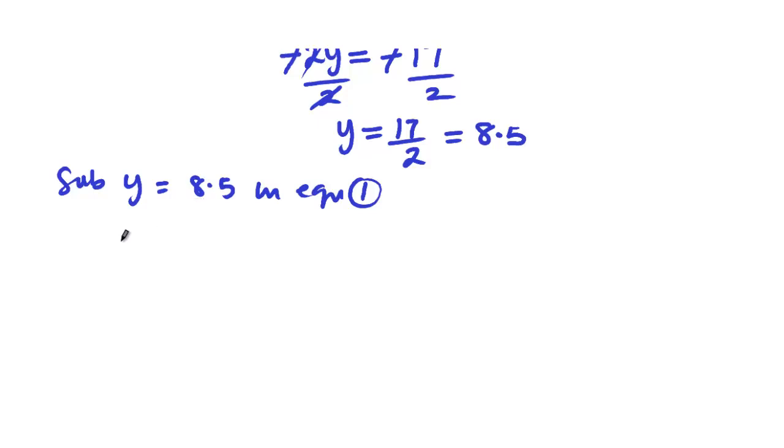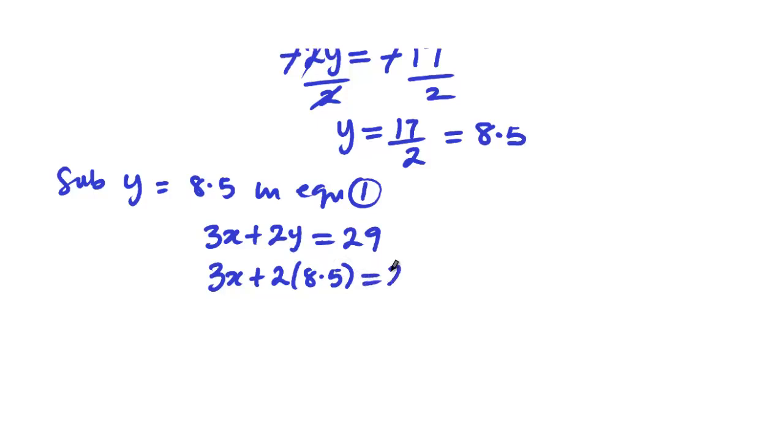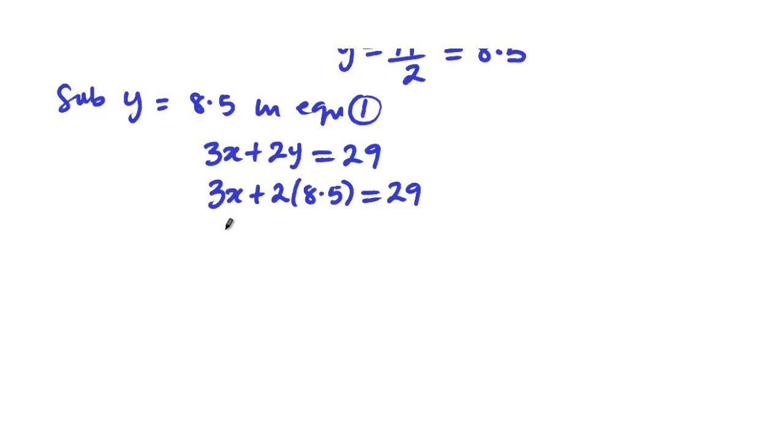We know that equation 1 is given as 3x plus 2y is equal to 29. So this implies that wherever we see y, we replace it with 8.5. So we have 3x plus 2 into bracket 8.5 is equal to 29.